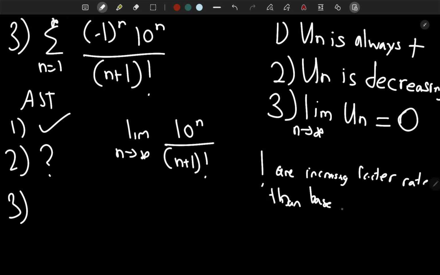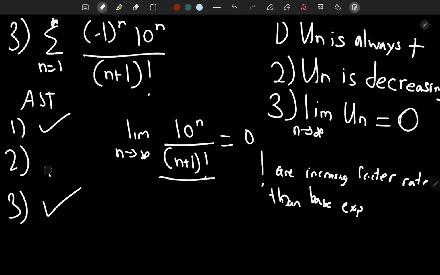And what I mean by base exponential is, here we have 10 to the power of n. Now if we had n to the power of n, where the base is also increasing, then this is increasing faster than the factorial. But here we have 10 to the power of n, so the denominator is actually increasing faster than the numerator, so the limit is equal to 0, which also satisfies our third condition.